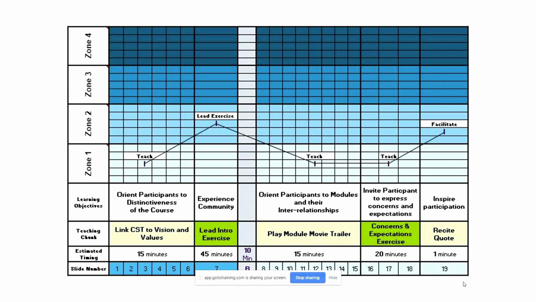The other part where the zone increases is when we inspire participation and we really challenge people, hey, we're going to present some ideas for behavioral change. That in itself is something that may cause a zone 2 experience for people, and we want it there.